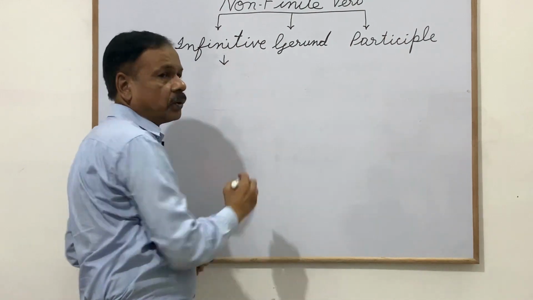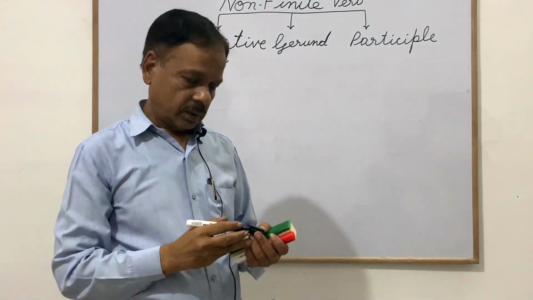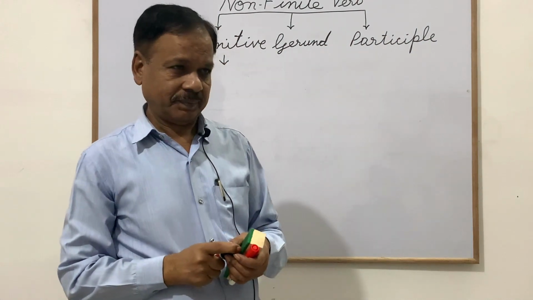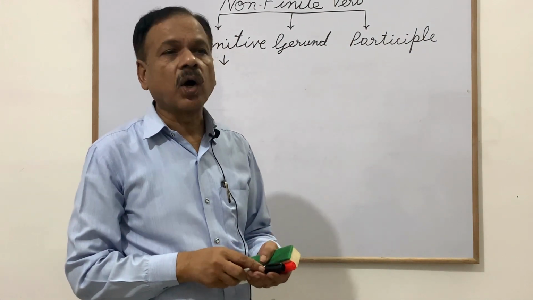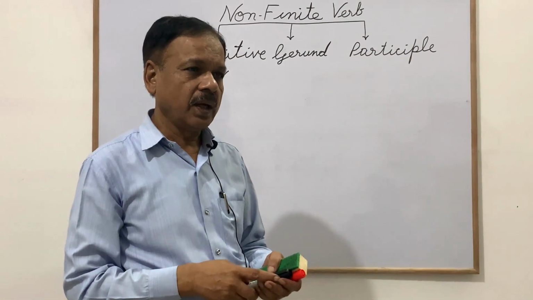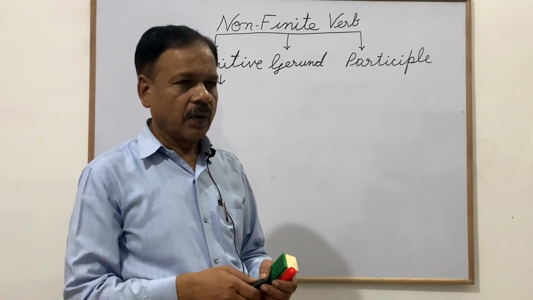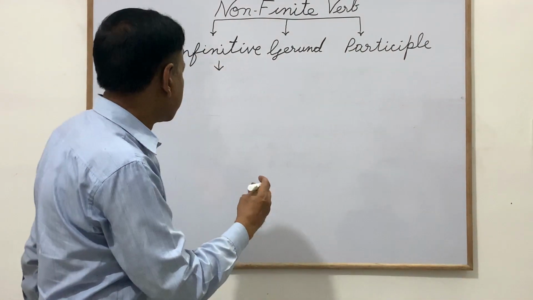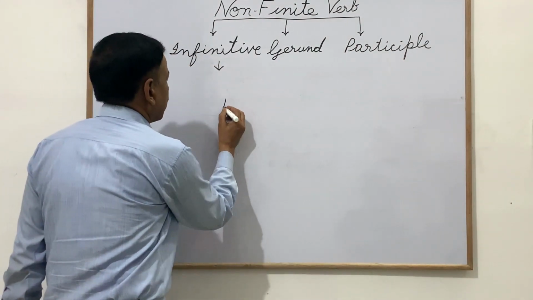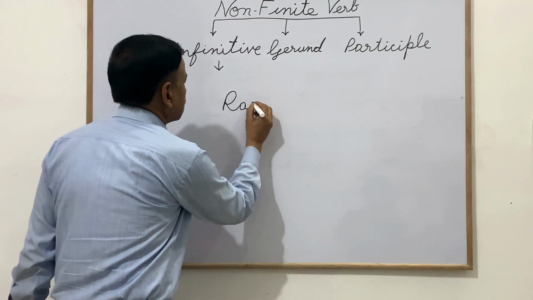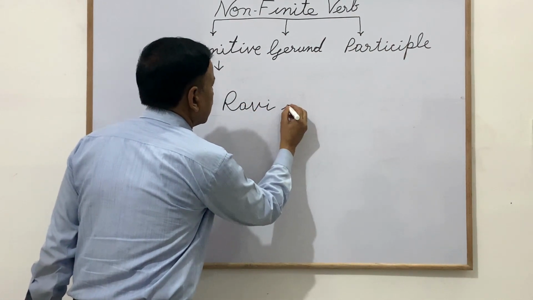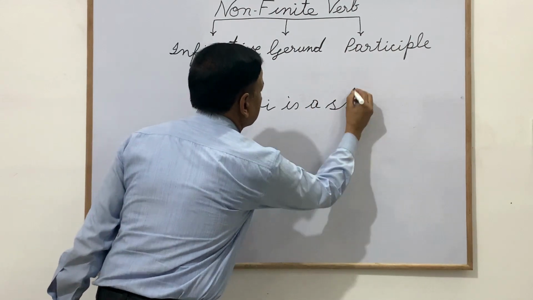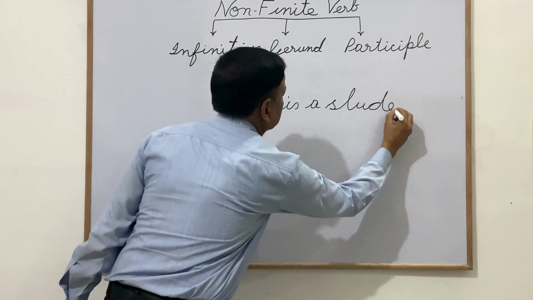As yesterday I told you, infinitive is a noun verb. It does the work of a noun as well as of a verb. Now here, I'll try to help you understand. I'm writing here one sentence: Ravi is a student.